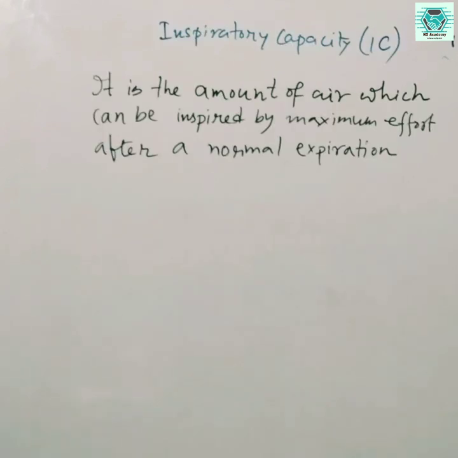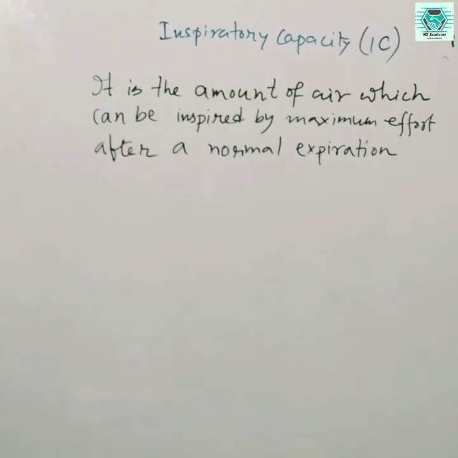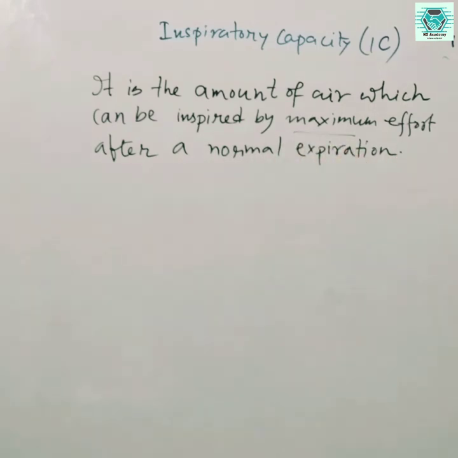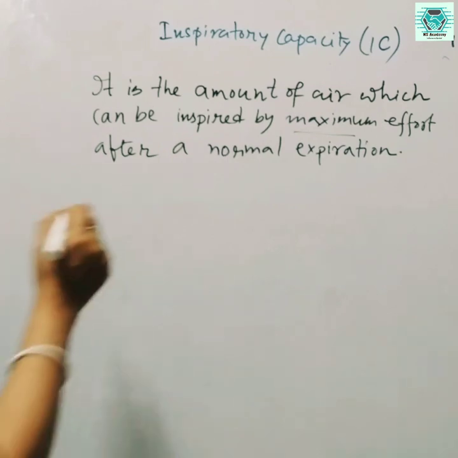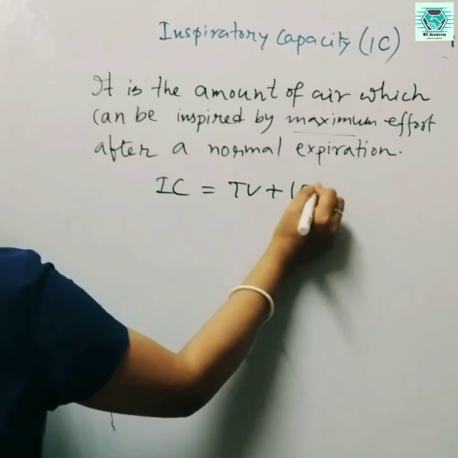Now the inspiratory capacity, IC, is the amount of air which can be inspired by maximum effort after a normal expiration. Which volumes are combined here? It equals the tidal volume plus inspiratory reserve volume. So IC equals tidal volume plus inspiratory reserve volume.